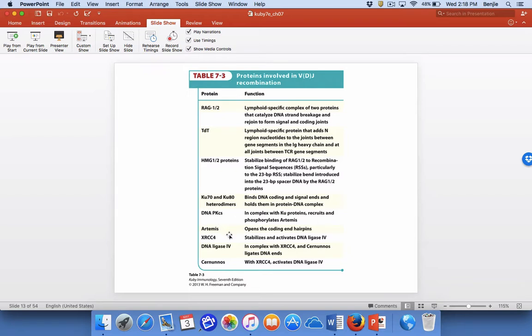Then there's Artemis, XRCC4, which has been really heavily studied recently due to its connection to certain viral diseases. DNA ligase 4 is a complex, and Cernunnos. It's named after one of the Greek myths. But we'll talk about those individually as we get to those slides.